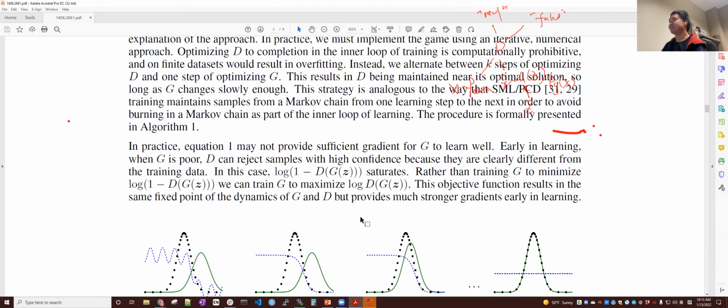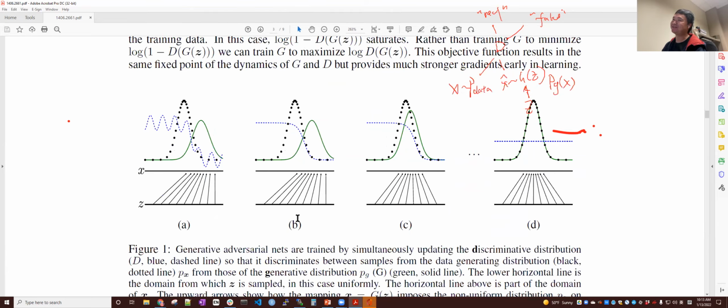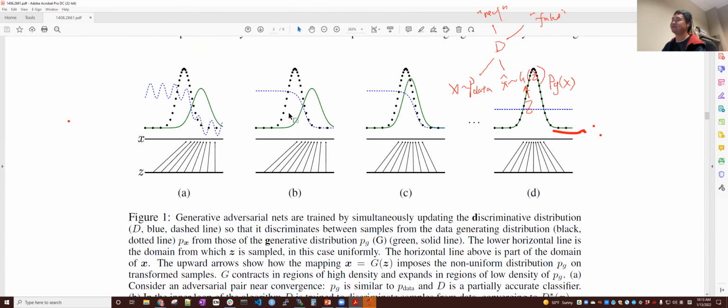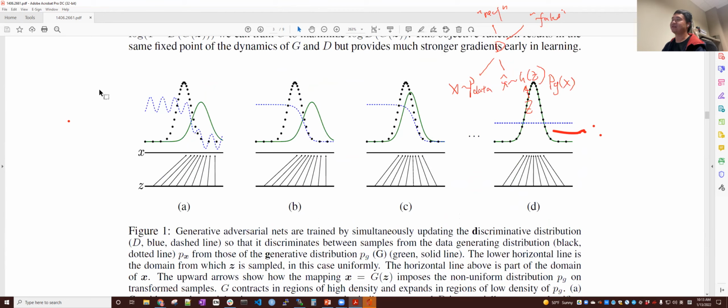Yeah. So here is a figure showing some training process. This blue dashed line denotes the discriminator, this is our real data, and the green line is our fake distribution, the distribution the generator learns, which is trying to mimic the real distribution P data.